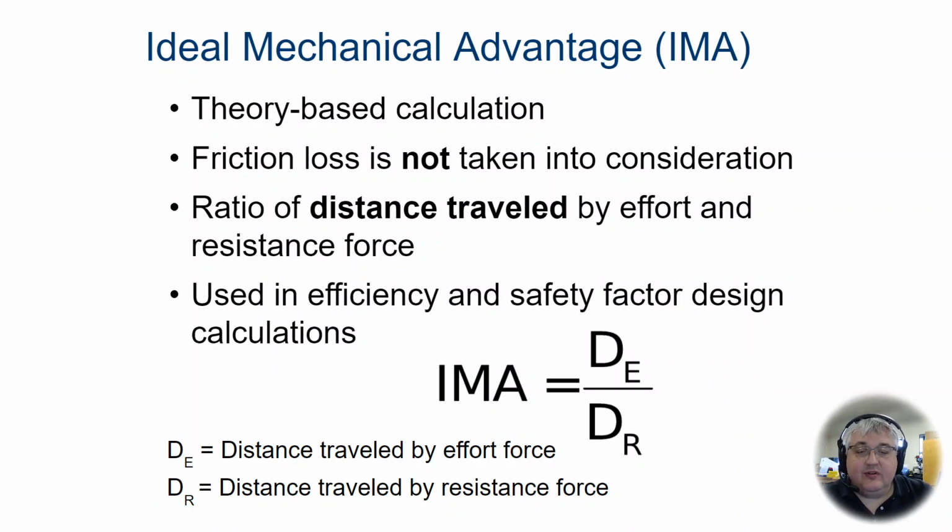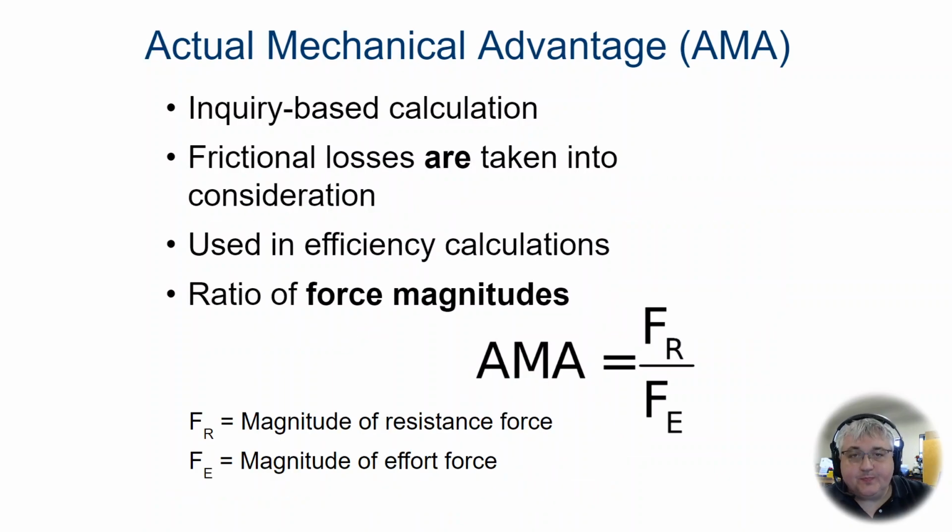You have this in your notes. The IMA equals the distance effort over distance resistance, and I'm going to write this on my paper because I have a new paper. That's ideal. That's in a perfect world, and does not account for friction.